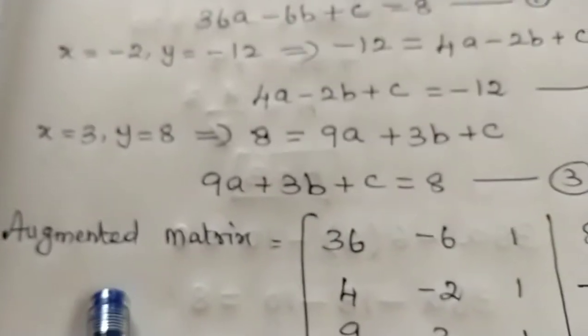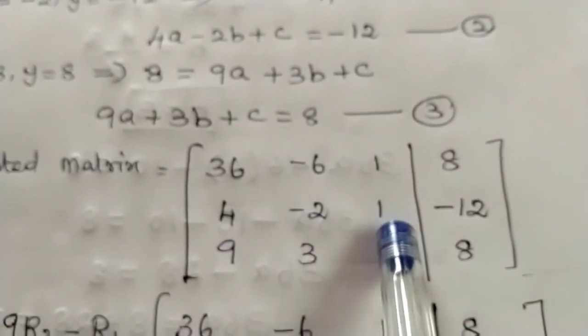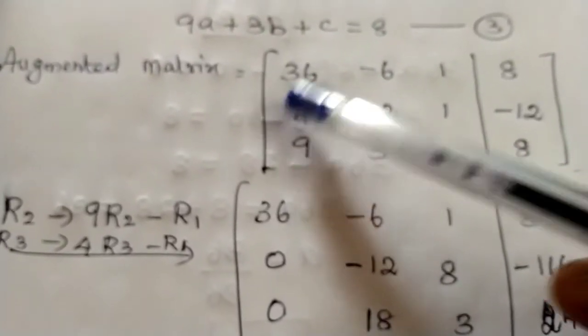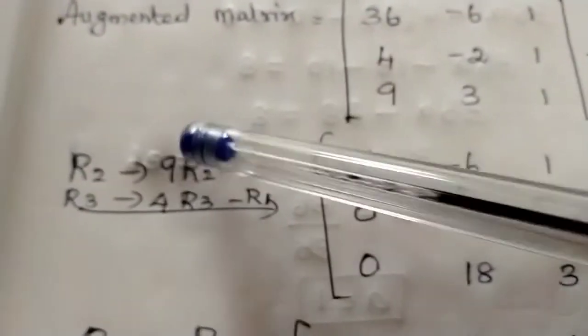3 equations we get. Now write in augmented matrix. 36 minus 6 1, 4 minus 2 1, 9 3 1 and constants. Okay, in this one, in this place no one is there. Directly we can simplify. 4 also multiplied by 9 we get 36. 9 also multiplied by 4 we get 36. Then directly simplify.